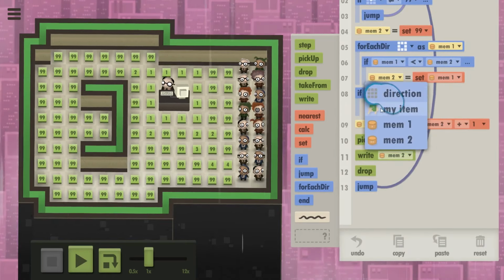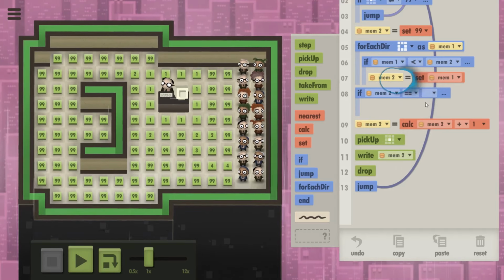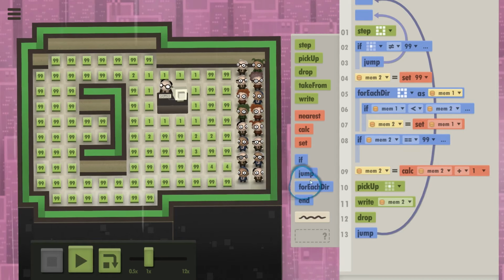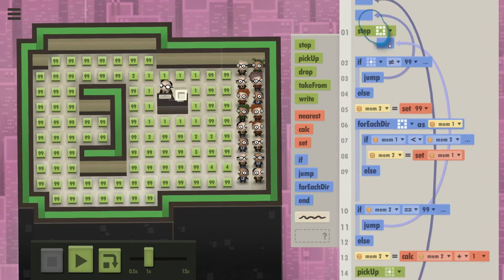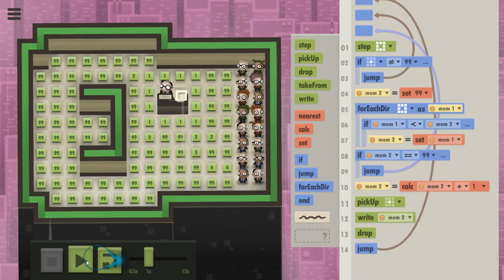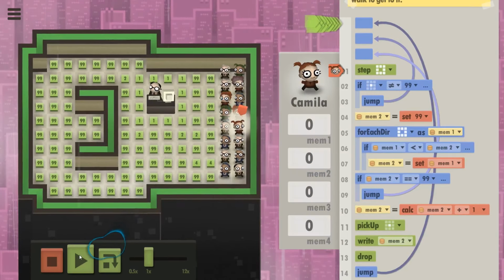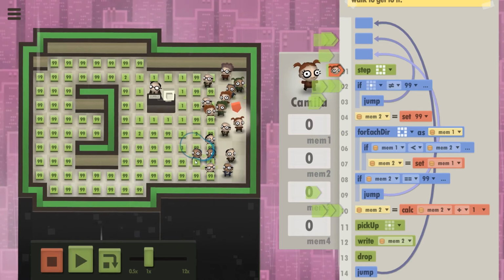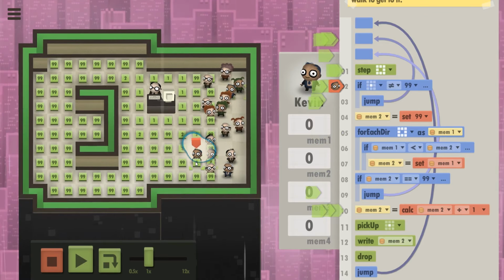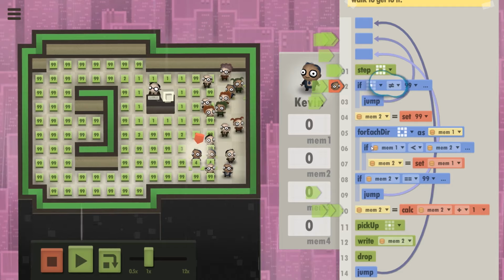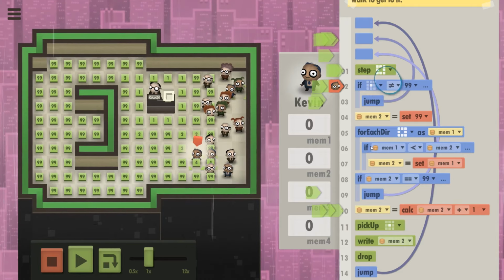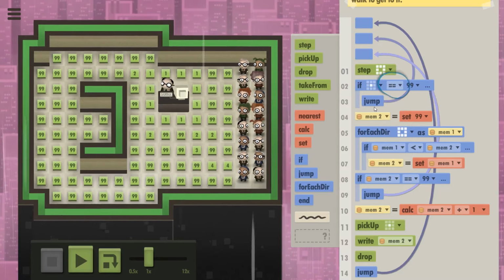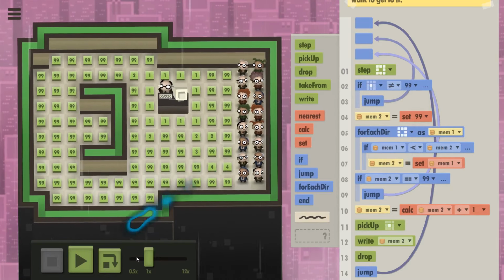If memory 2 equals 99, oh, whoops. Oh no, we do want doesn't equal. Right.